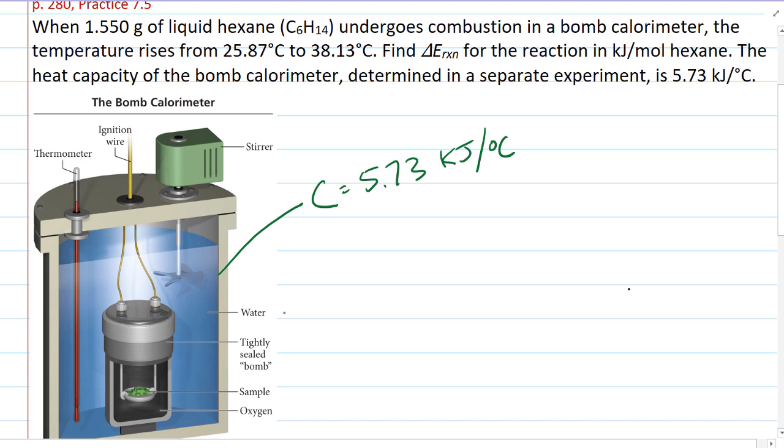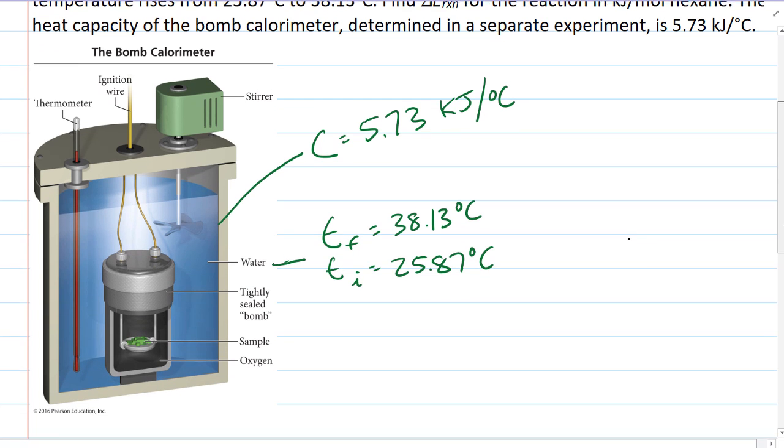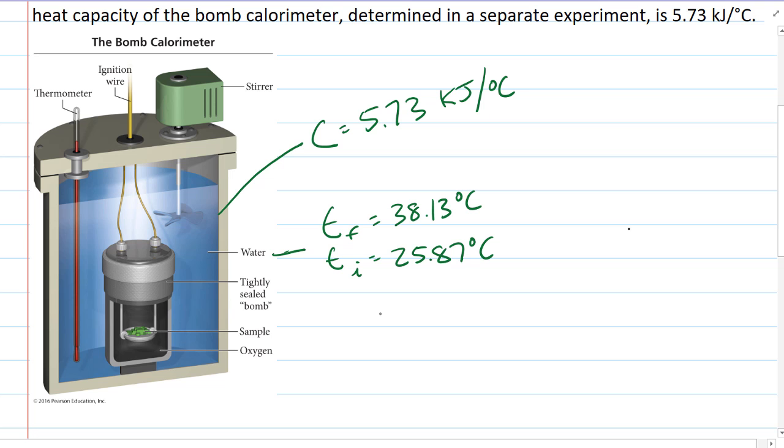Then the water itself goes through a temperature change. We have the final temperature and the initial temperature. What is the final temperature of the water? 38.13 degrees Celsius. Its initial temperature was 25.87 degrees Celsius.